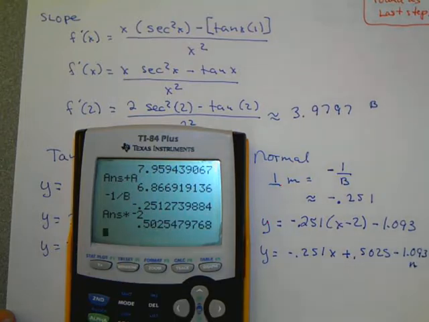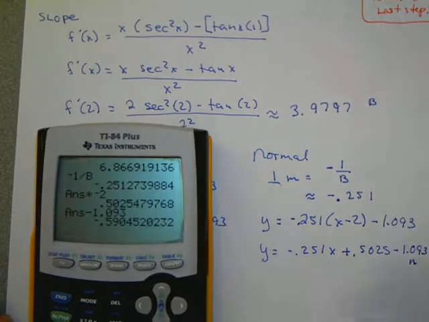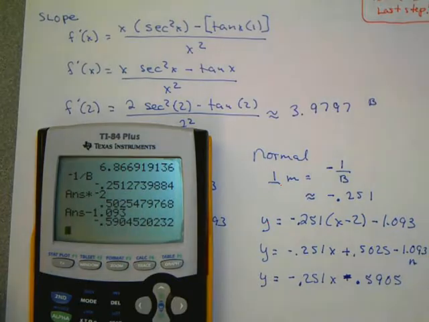So I'm going to say that minus 1.093. I could have done it as a too, but this is going to be fairly accurate also. And I end up with minus 0.5905. And you only have to go to 3 decimals, but you can go to 4 if you like.